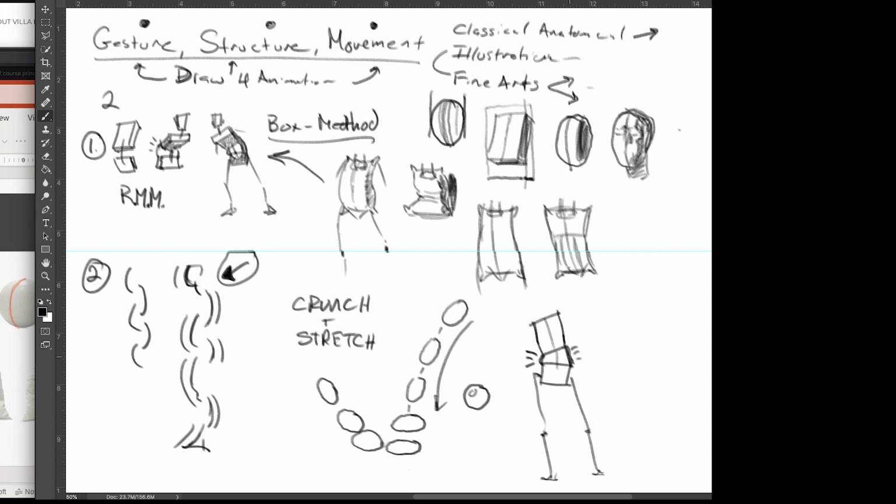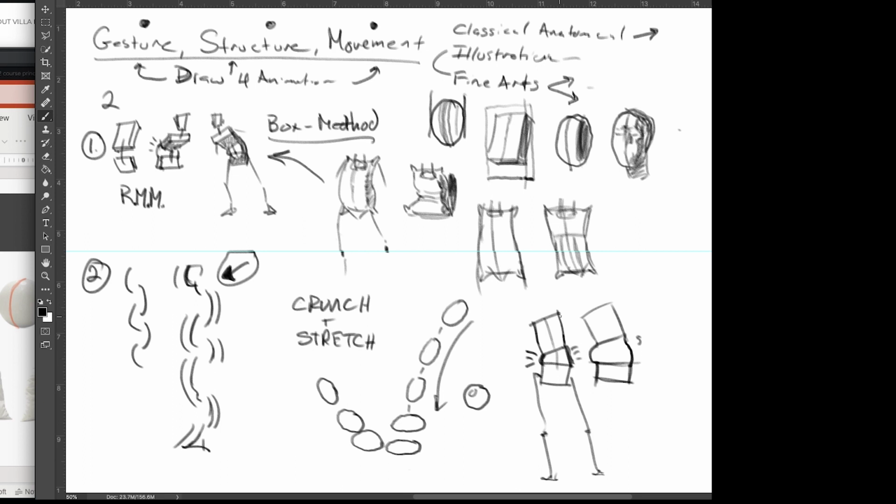And this is normally illustrated with a C shape or an S shape, right? So the S shape is sort of for stretch and the C shape is sort of for crunch, right? And those two things together describe how it works when the rib cage and the pelvis are not aligned with each other, right?